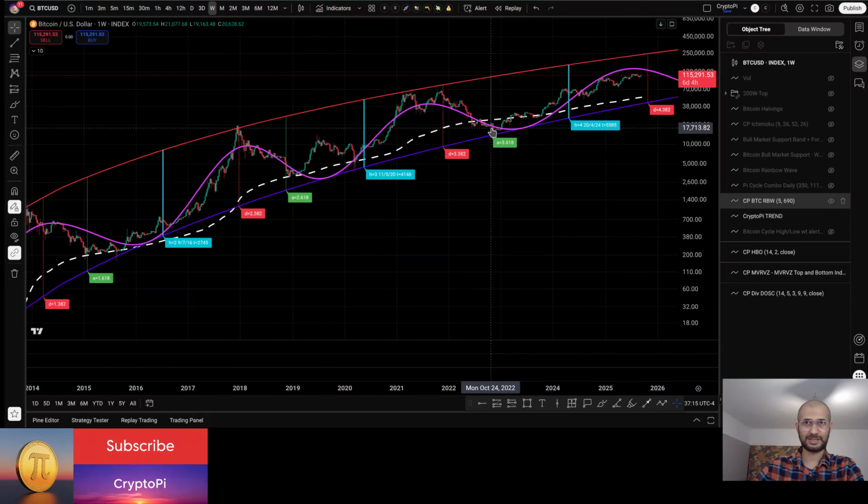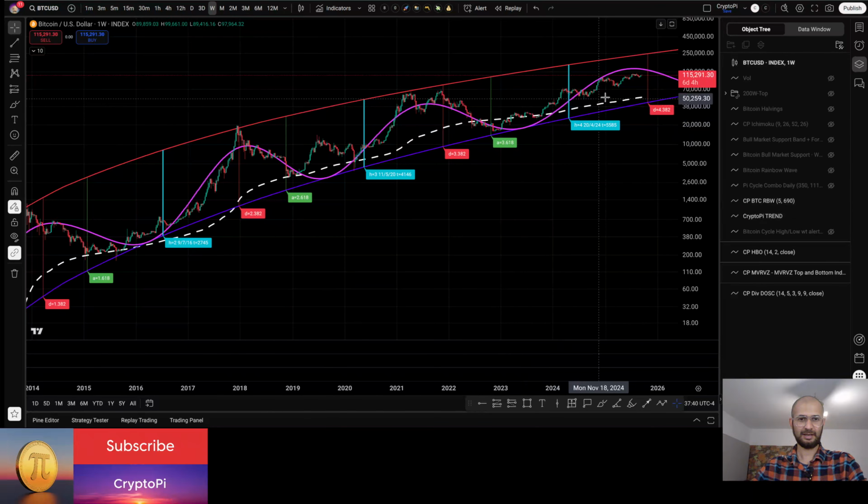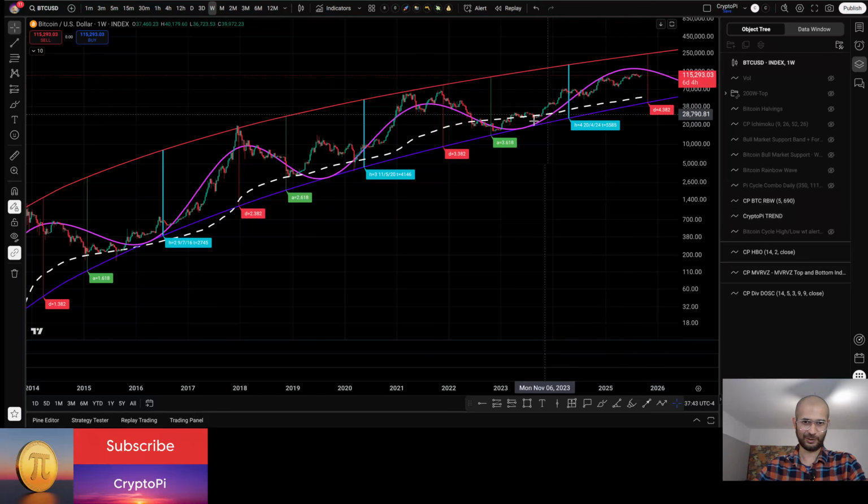When it crossed the accumulation line, it still stayed at a very low point, or let's say it's still in the accumulation zone. After staying a few weeks in the accumulation zone, whenever it crossed the wave line, we started to see the bull rally, or the beginning of the bull market. And we are here right now after quite some time.